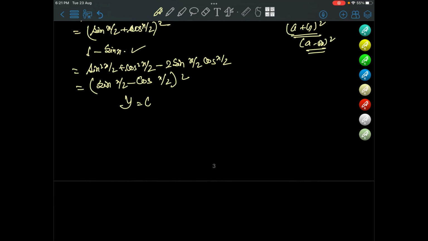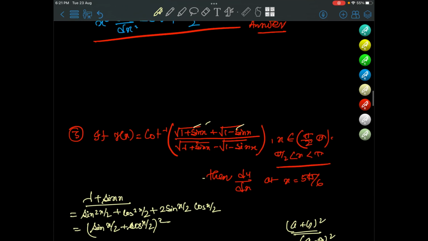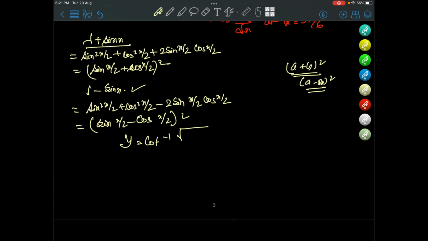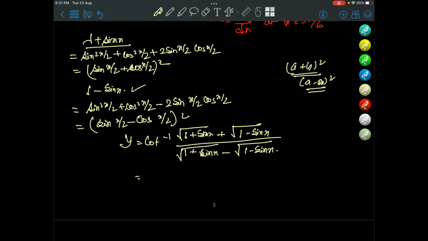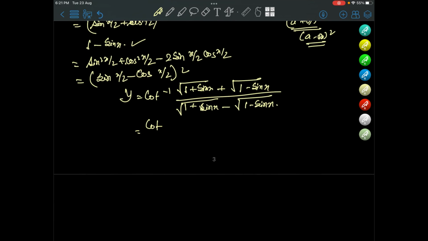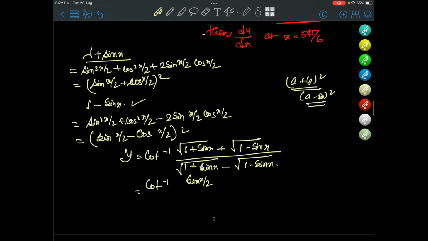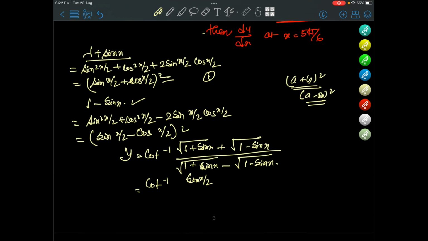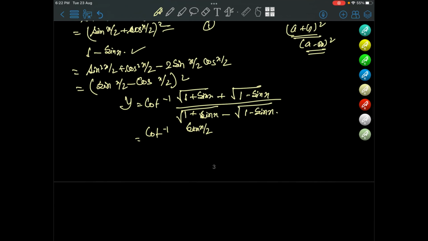We get cot inverse of root 1 plus sin x plus root 1 minus sin x divided by root 1 plus sin x minus root 1 minus sin x. The whole square will turn into 1 because of the root over here.